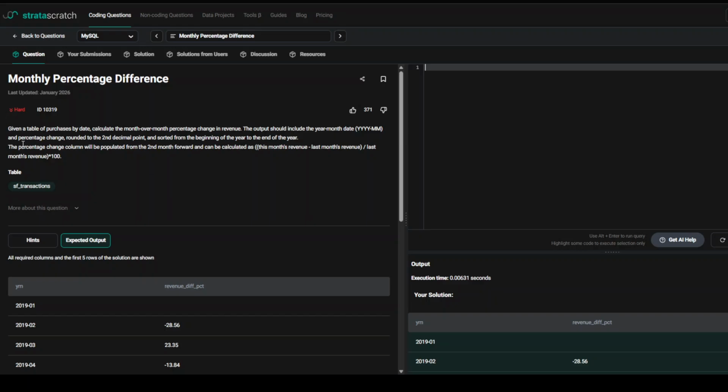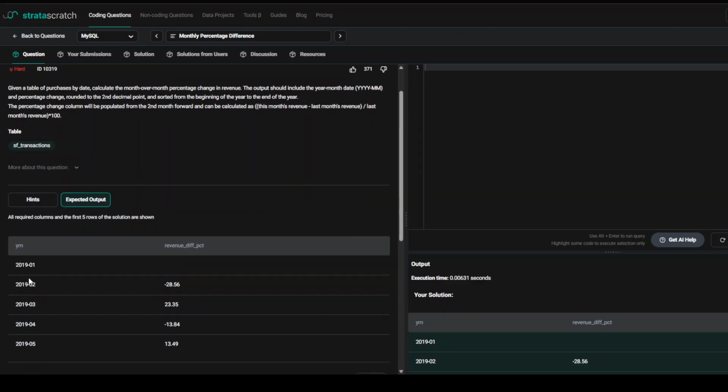Now, the obvious thing is that the percentage change column will be populated from the second month forward, because we are calculating only for a year basis. We don't have data for the prior year, so we don't have data for 2018 December. That is why 2019-01 has null. There is no data.